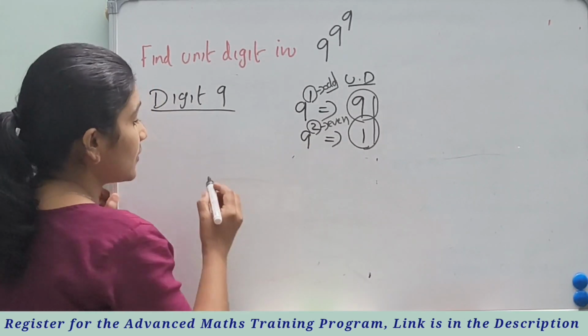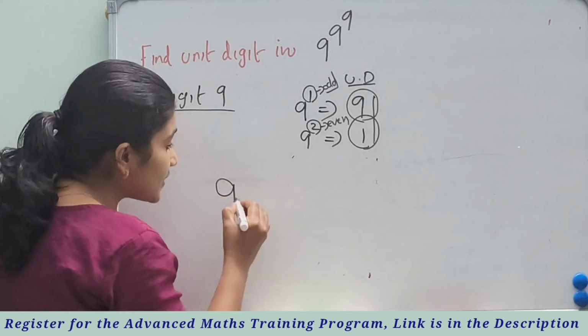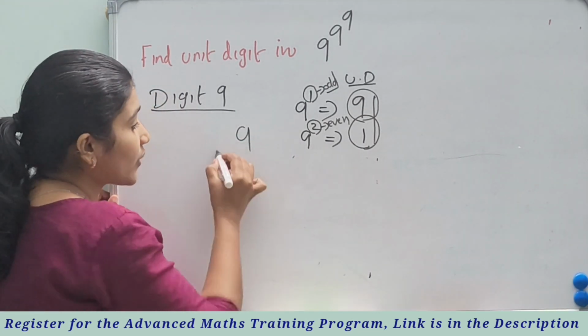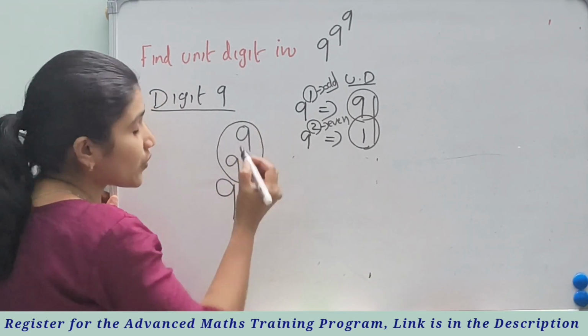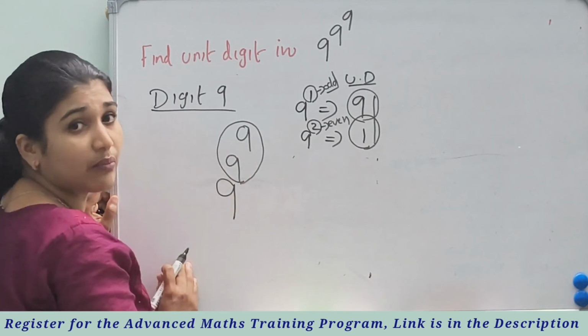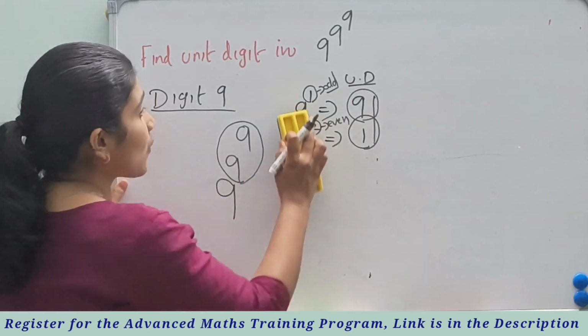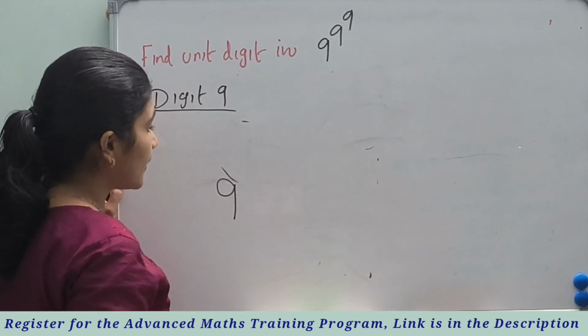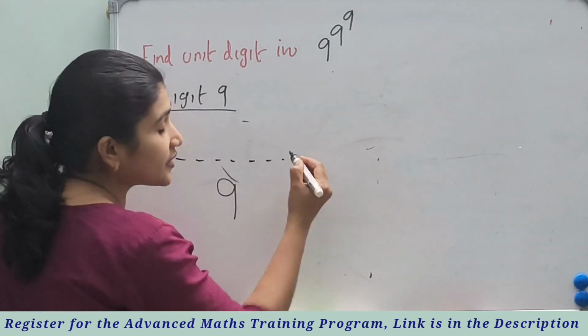So here our question is, find the unit digit in 9 raised to 9 raised to 9. First look at this 9 raised to 9, which is a huge number.